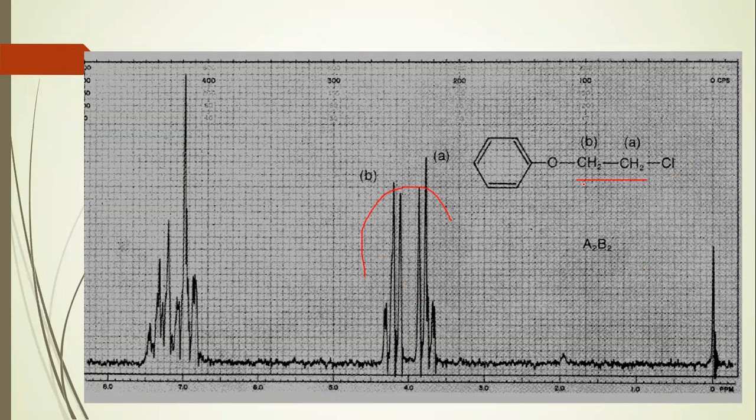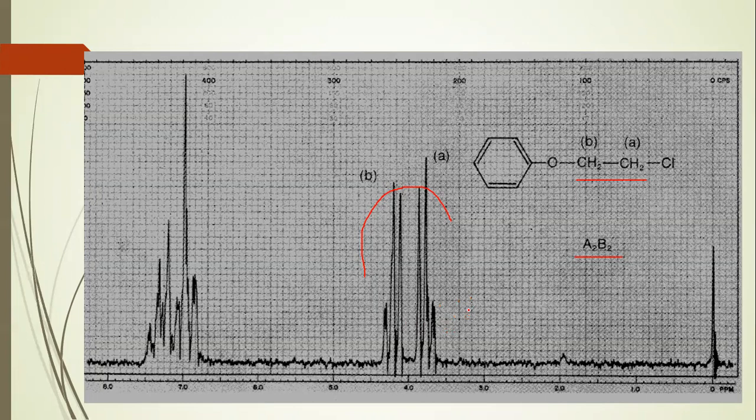Each methylene couples with its neighbor and gives a triplet, but the shape of the triplet is very distorted. Why is it distorted? If you remember, the AB spin system is a very distorted spin system. In the same way, this will be an A2B2 spin system, with more distortion. These are not looking like our first order triplets. These are distorted triplets or distorted signals.